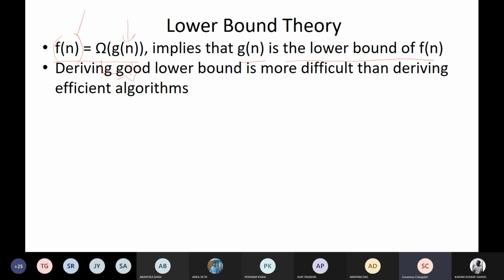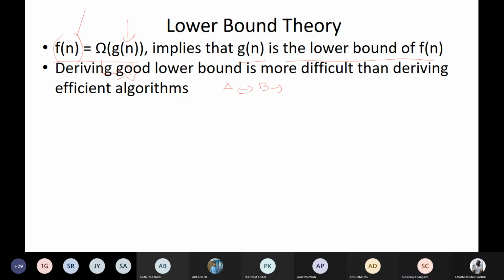Next, though it looks simple, the problem is that suppose I have derived an algorithm, let A, and someone has derived an algorithm, say B. Now, how do we compare which one is best among these two? In best case we may not be able to find the difference, because in some cases best case may give you a constant time, in some cases it may give something greater than this.